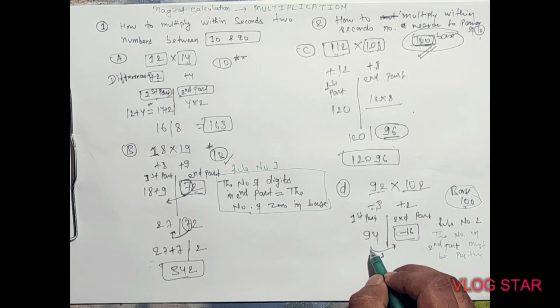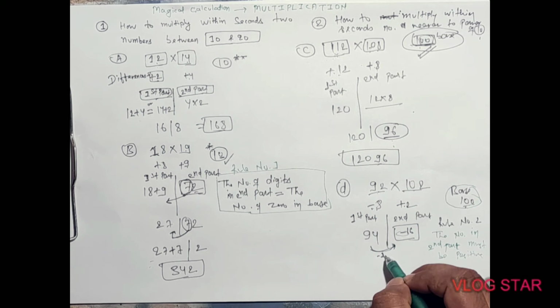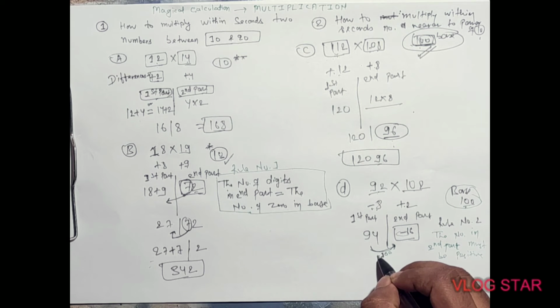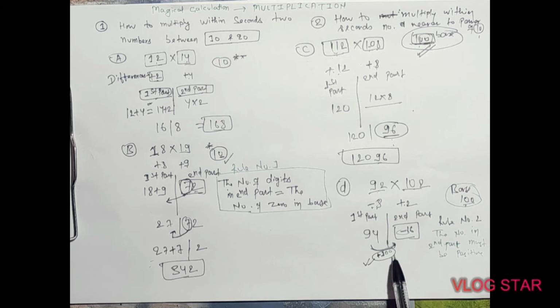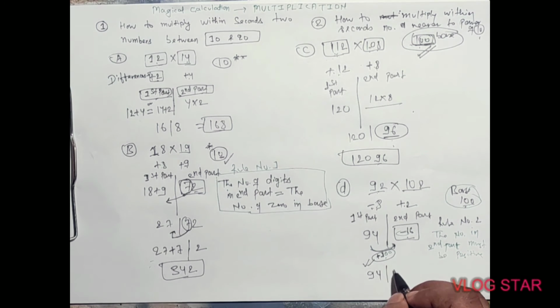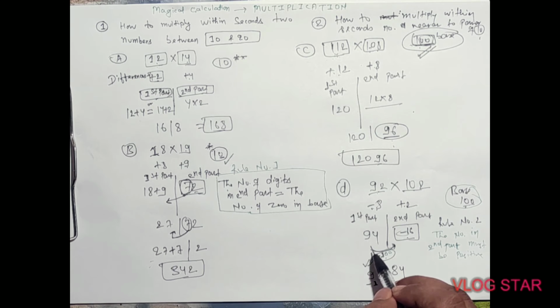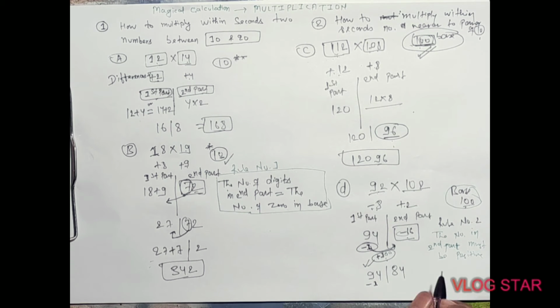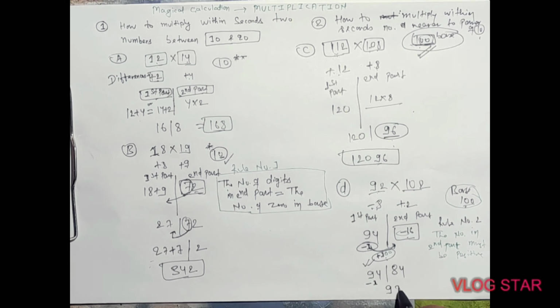When you borrow from the first part, 100 automatically comes over here. So now we add these two numbers, 100 and minus 16, and you will get 84. Here we have to subtract 1 because we have borrowed one from the first part, and here we will get 93. So it becomes 9384, and this is our answer.